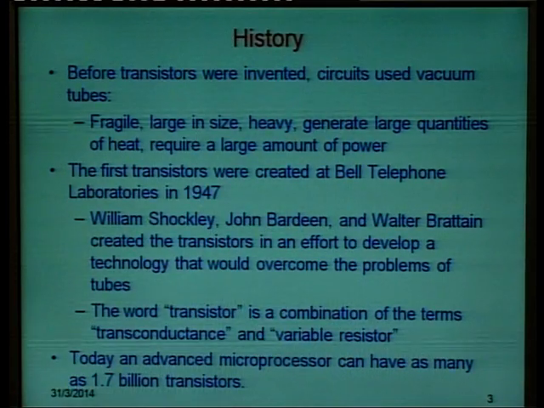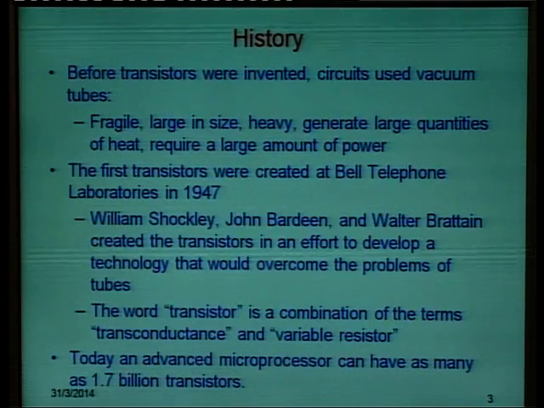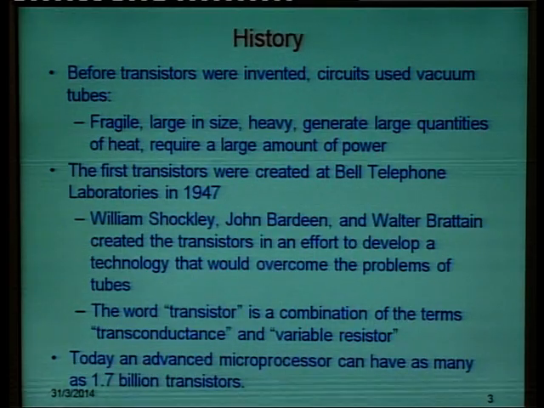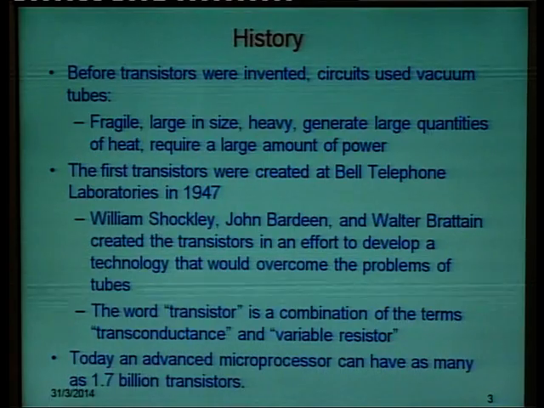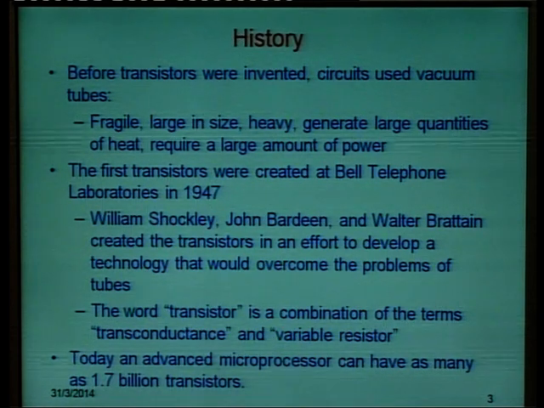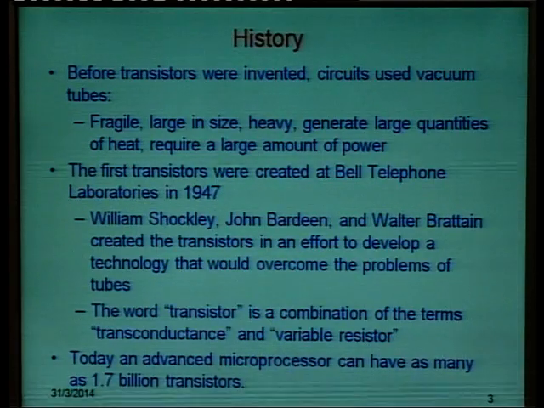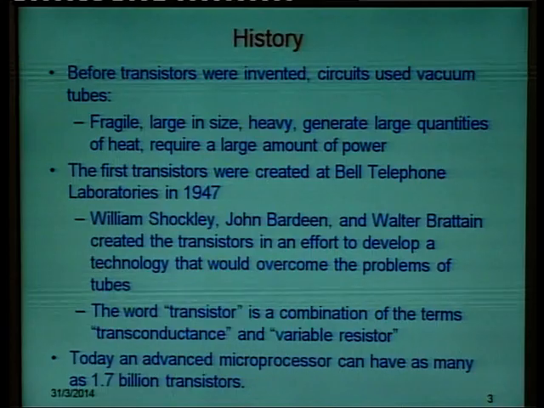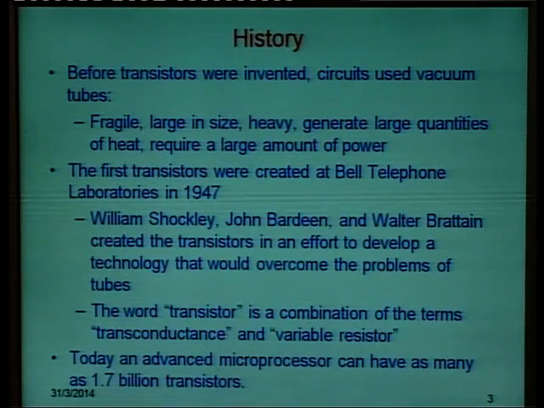The history goes back to 1947. Before transistors were invented, circuits used vacuum tubes. These vacuum tubes were very heavy, that is large in size, fragile, and they generated a large quantity of heat. Moreover, they required a large amount of power.